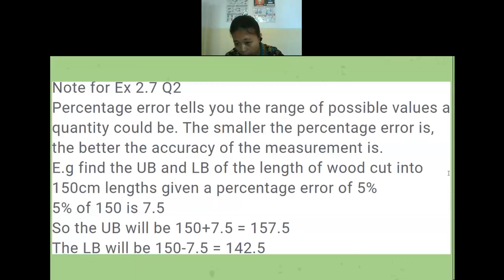Is there anyone who has difficulties or is still confused about the percentage of error in here? Is there anyone? Is there anyone who has difficulties? Or is my voice not audible enough? Hello? Is there anyone who has difficulties before I move to the question from the workbook?